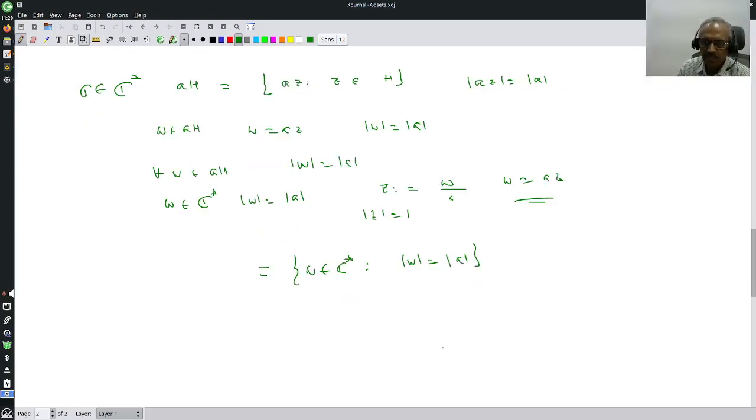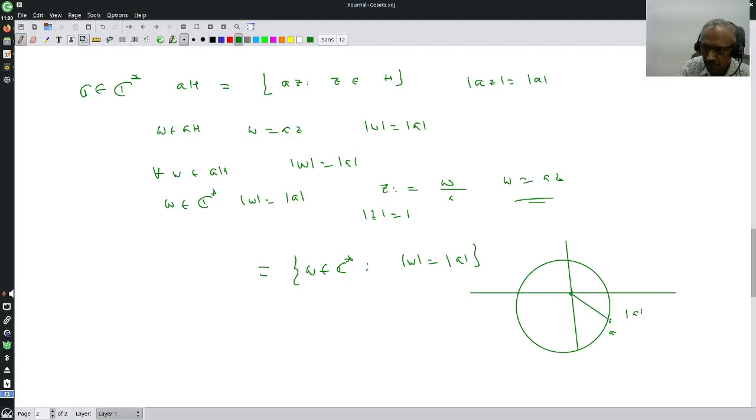Now what is the geometric interpretation? Remove this point, and this may be my a. Therefore what I have is this circle. The picture is not good, it doesn't look like a circle, but you understand this. This is a circle of radius mod a, centered at the origin.